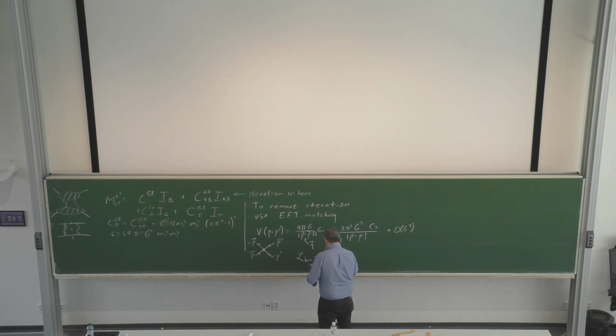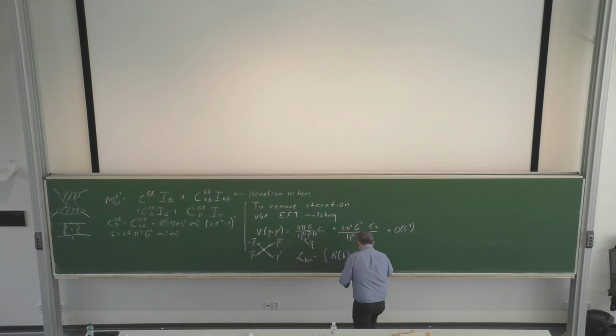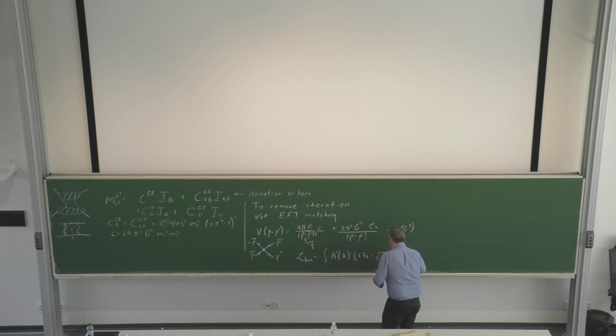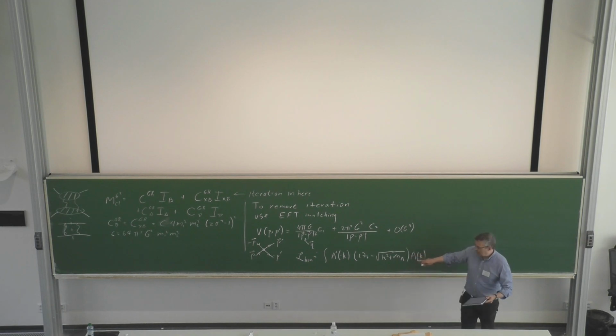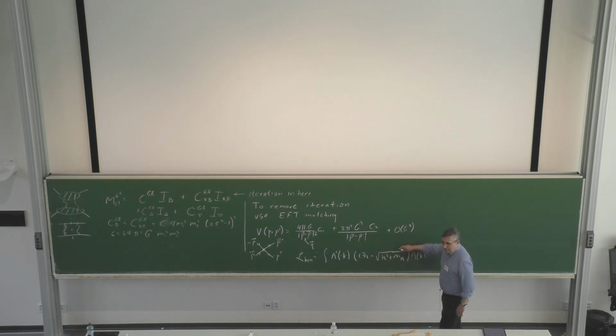So that would be A dagger of k, times i d/dt minus the square root of k squared plus m squared, for black hole number A. It's the sum over both black holes. So this is the kinetic term, and you'll recognize this. It looks exactly like the field theory that you're used to, except it doesn't have antiparticles. Why no antiparticles? Because it's a low energy effective field theory, there's no antiparticles. But this is a relativistic particle, right?